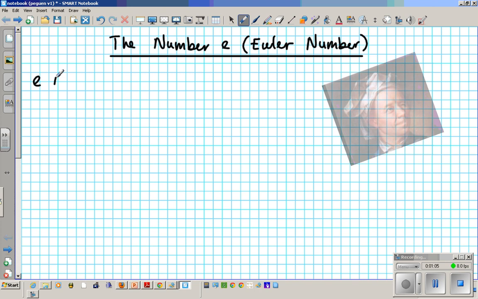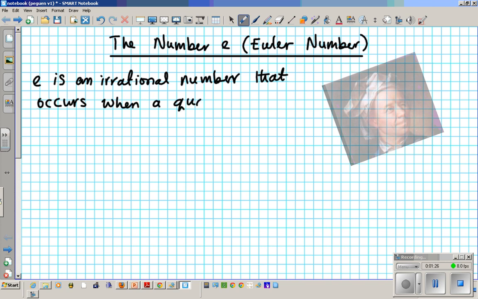e is an irrational number. Okay, e is an irrational number that occurs when a quantity grows continuously.